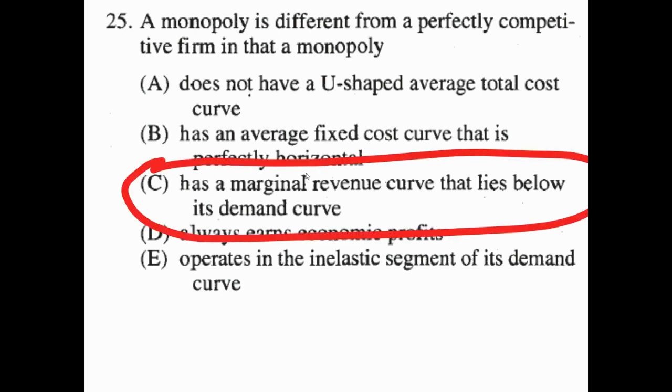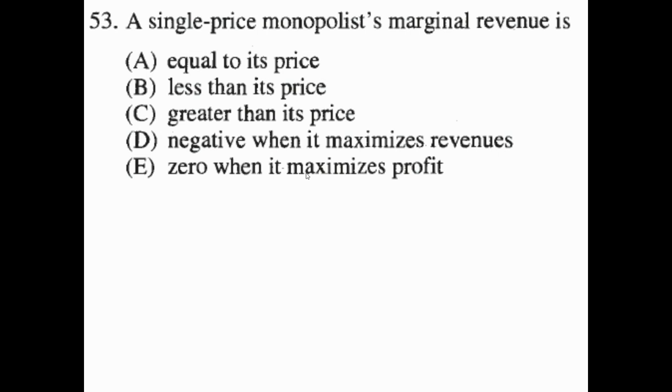Okay, if you answered C, you're right. Has a marginal revenue curve that lies below the demand curve. You're right. Next, a single price monopolist's marginal revenue is, oh my god, that's so easy. I told you many times during the class. Marginal revenue is less than the price.